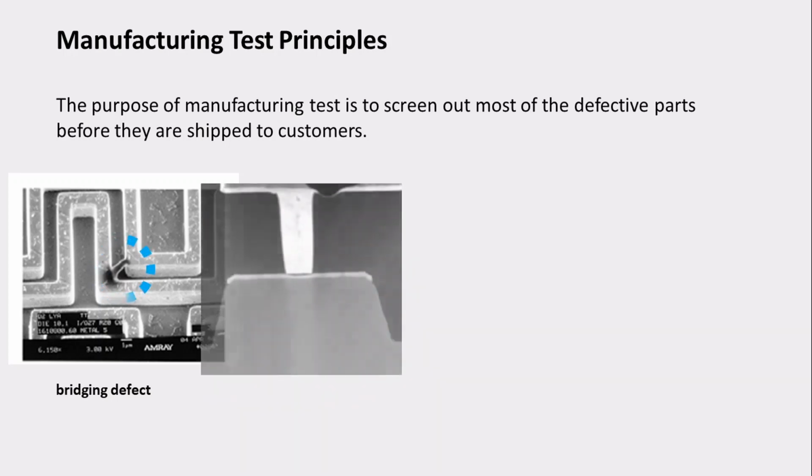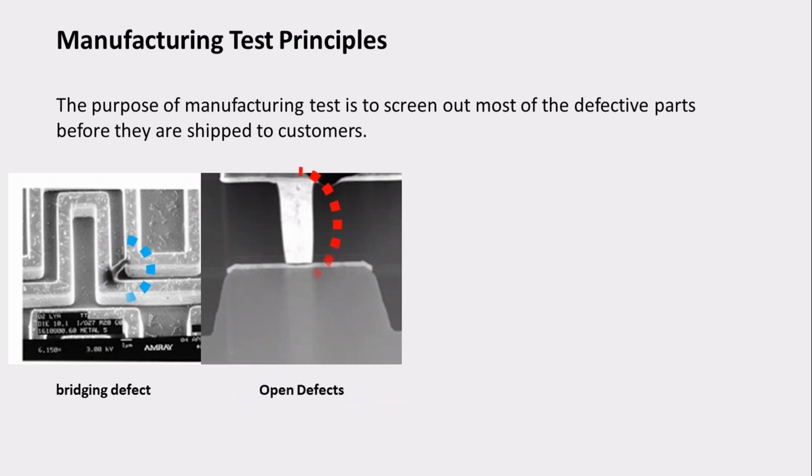Okay, so in the previous diagram we had seen that there is a formation of extra wiring over there, so that the two different wires have been shorted. There are some other errors, as you can observe in the second diagram.